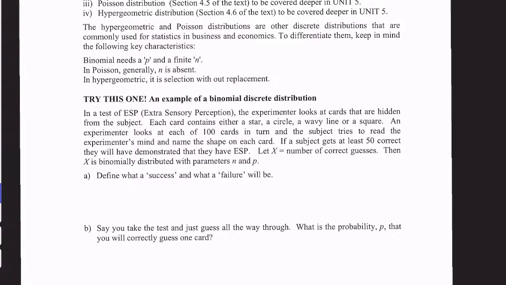So those are particular distributions for particular settings. They both use p and n, but they're used differently in these other distributions. So I'm not going to test you on those formally. I just want you to be aware of them, and maybe some of you have heard of them before. What I really want you to know well is the binomial distribution.